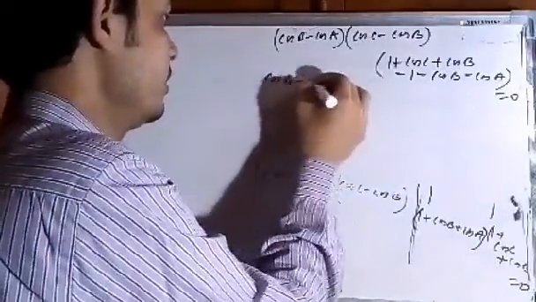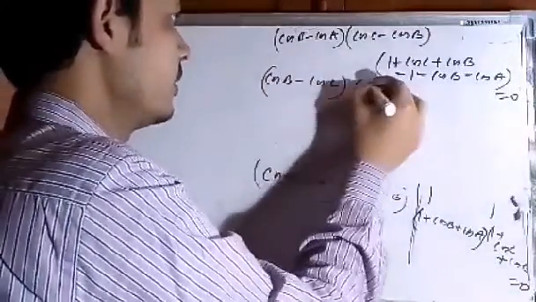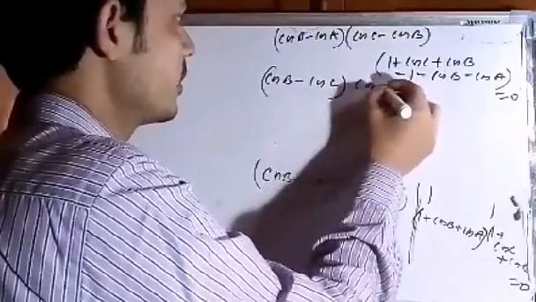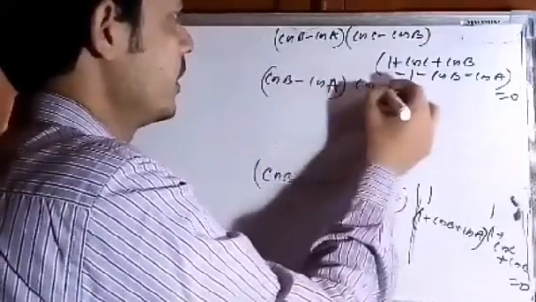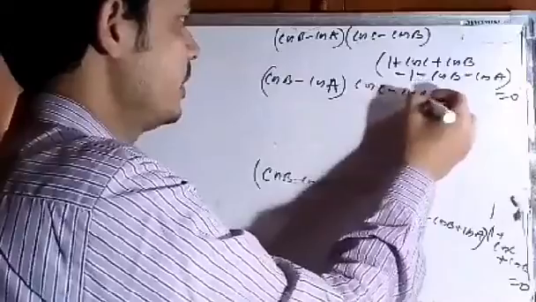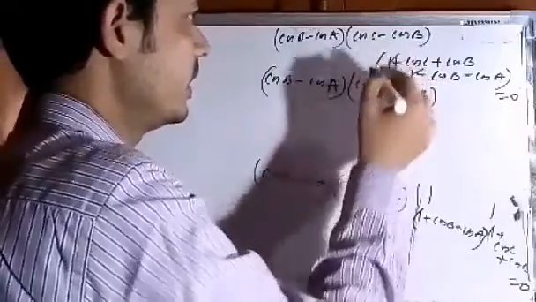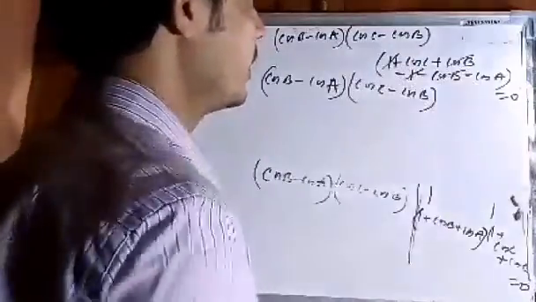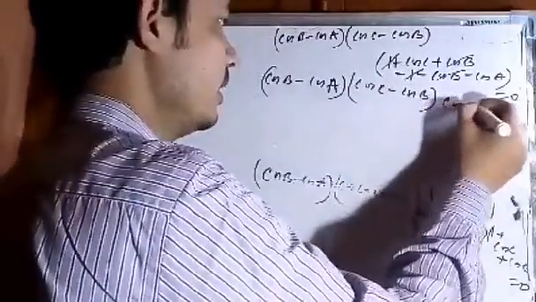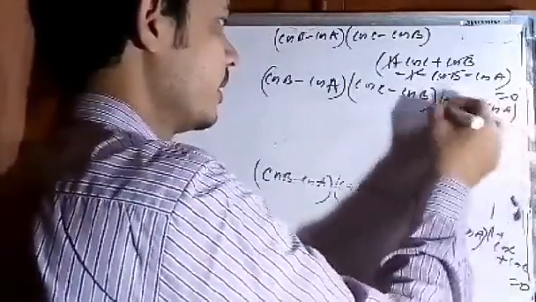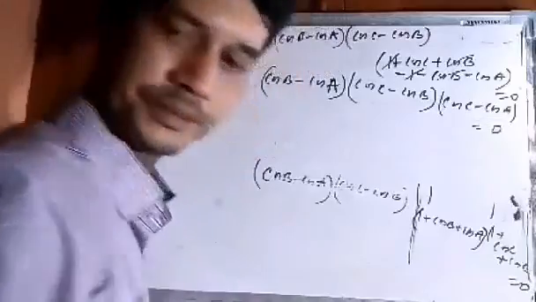So we have cos B minus cos A into cos C minus cos B, and the 1s get cancelled out, cos B gets cancelled out. So we have cos C minus cos A. This is equal to 0.